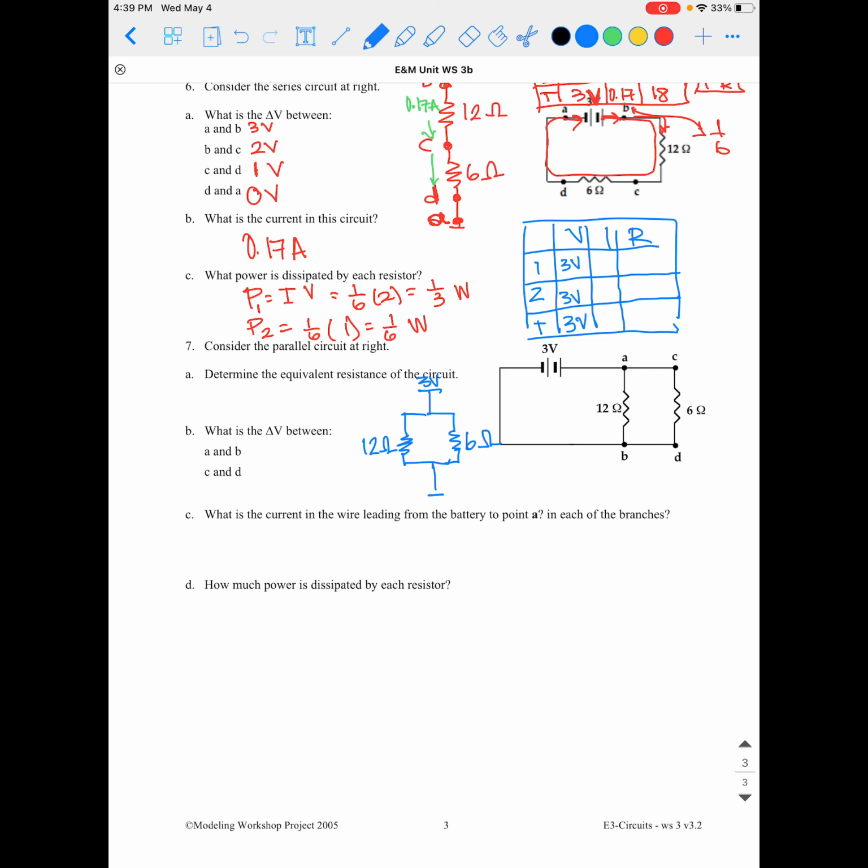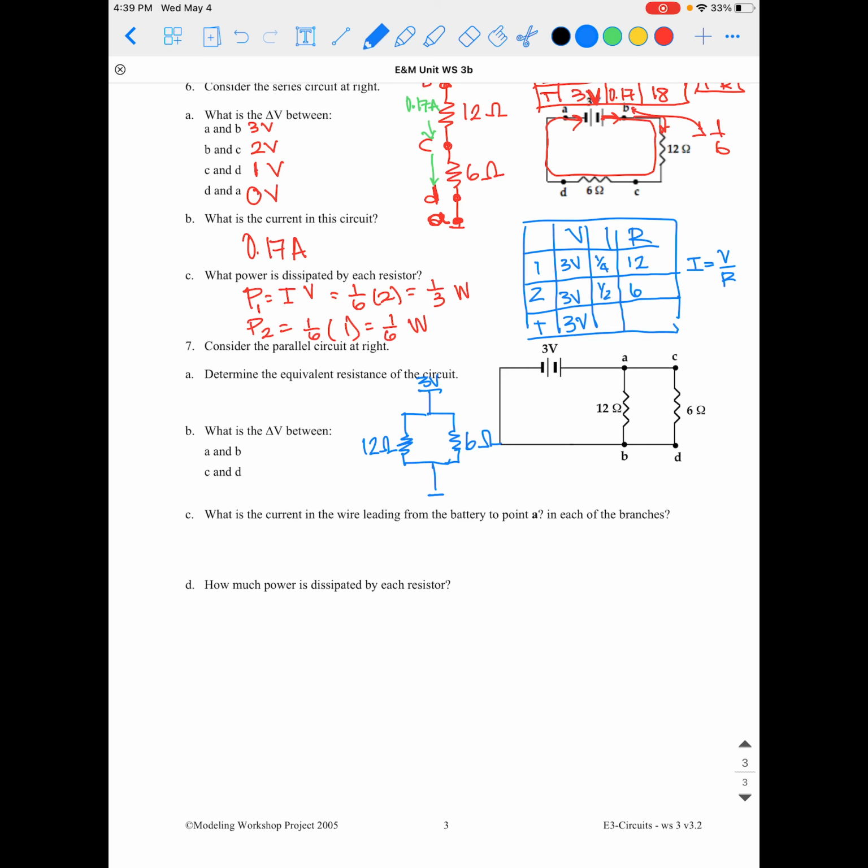I'm going to write in my resistance, 12 for resistance 1 and 6 for resistance 2. And then from there, I can use my cover-up method and know that current, based on my triangle, is equal to voltage divided by resistance. So I'm going to take 3 divided by 12 and get 1/4, and 3 divided by 6 and get 1/2.